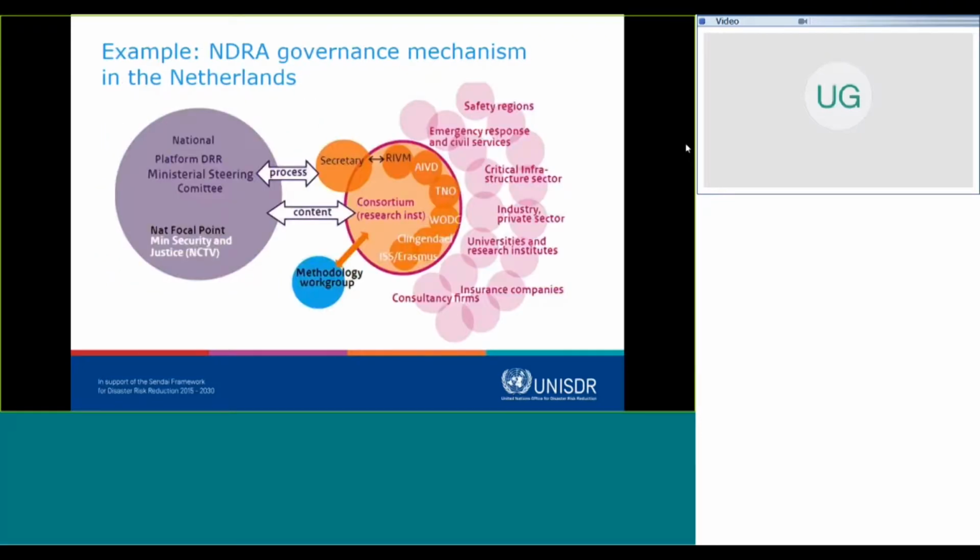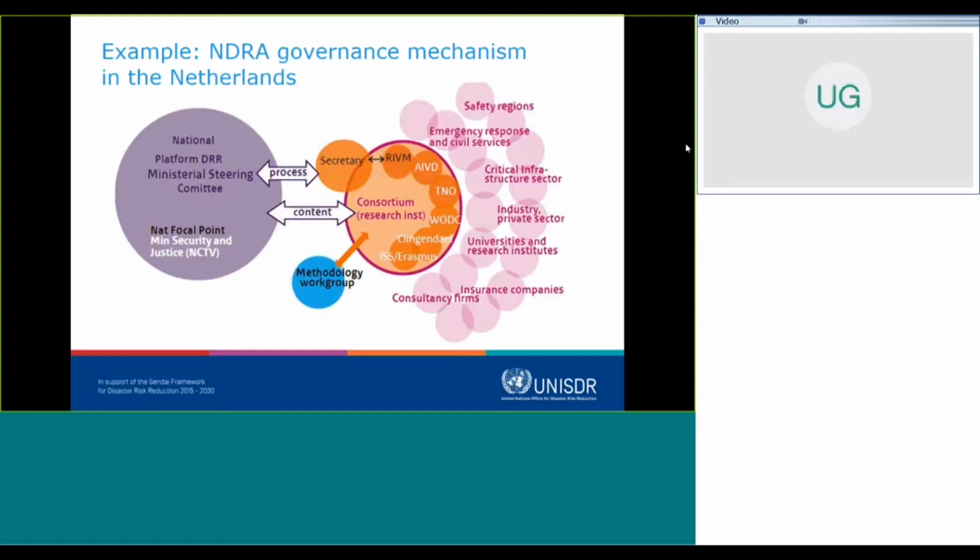So, a quick example of a governance mechanism, in this case actually from the Netherlands. We do have a national platform for disaster risk reduction with a ministerial steering committee, and they are the owner of the whole system.